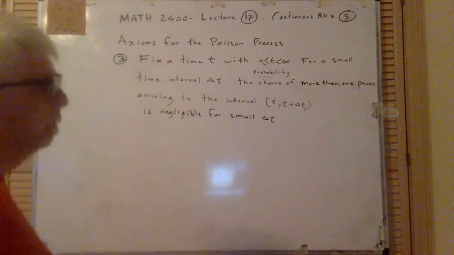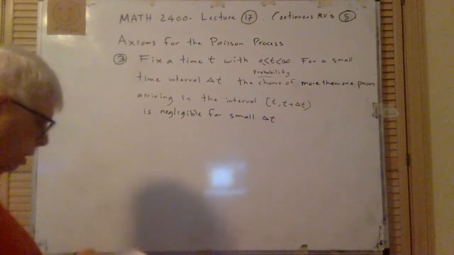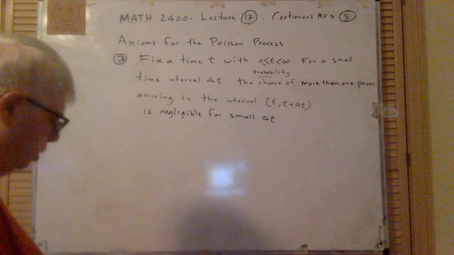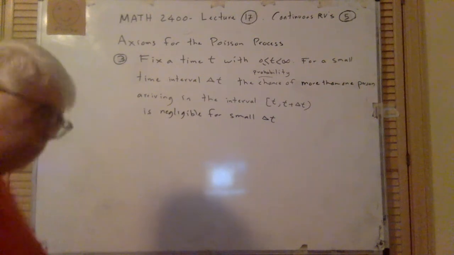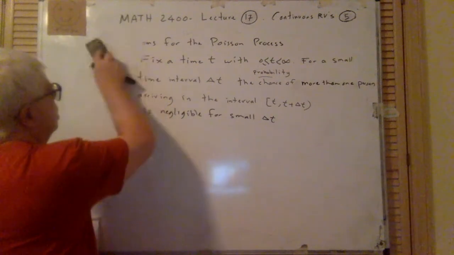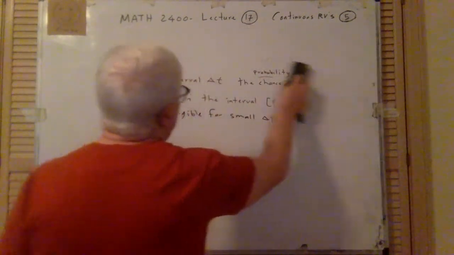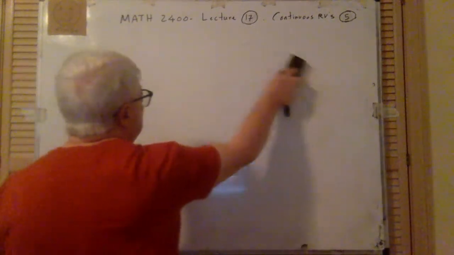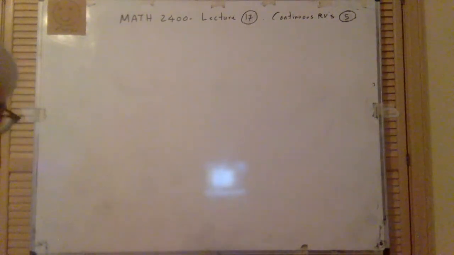So now, these are the axioms, and as I said, I derived the Poisson PMF using them, and I also came up with a differential equation using all three of these axioms. And what was that?